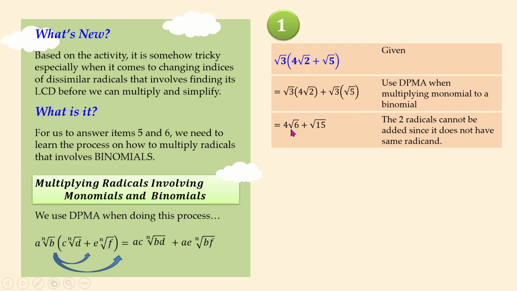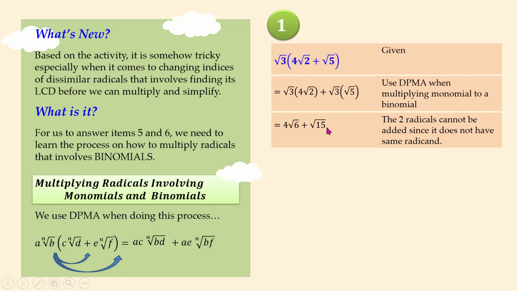It cannot be added, if we go back to addition and subtraction of radicals. We can only add and subtract radicals if they have the same radical, that is, the same index. In this case, the index is 2 and 2, but they do not have the same radicand.